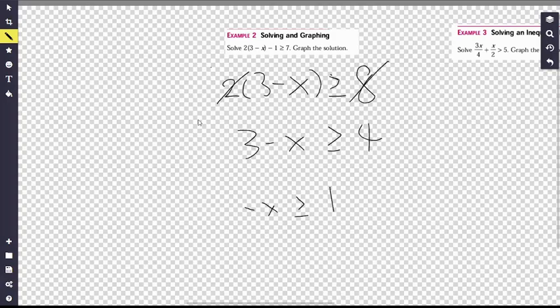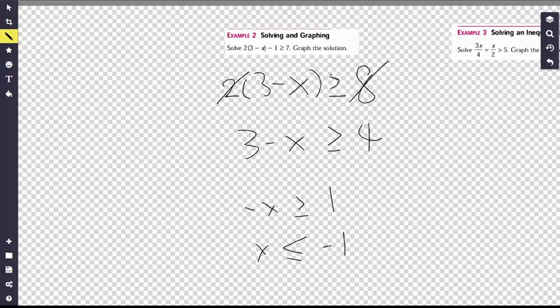So now divide by -1, x, and now this side is -1. However, whenever we multiply or divide by a negative term, you always have to reverse the symbol. So instead of -x being bigger or equal to 1, we now reverse the sign to become x must be smaller or equal to -1.